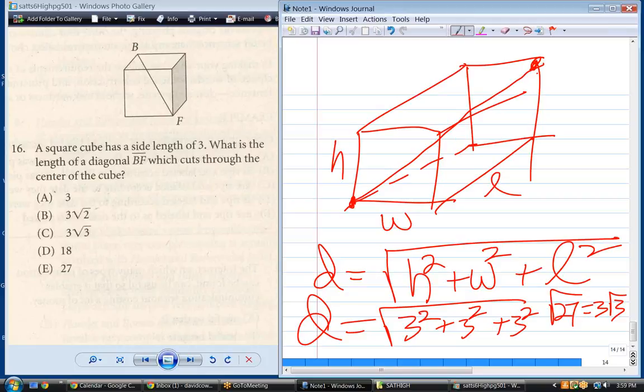So knowing this formula really saves you a lot of time on this question. And I'd almost guess that you're going to get a question exactly like this. The odds are strong that you'd get one that asks about that diagonal. So remember this formula. Saves a lot of time.